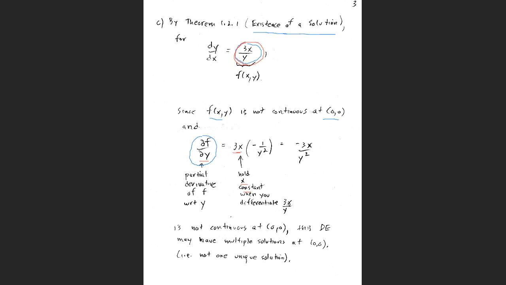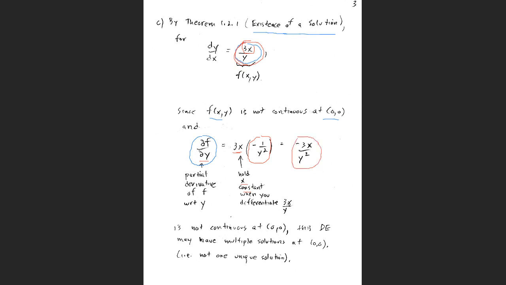So the 3x on top is treated like a constant, and the derivative of 1 over y is negative 1 over y squared. So the partial derivative of f with respect to y equals negative 3x over y squared.